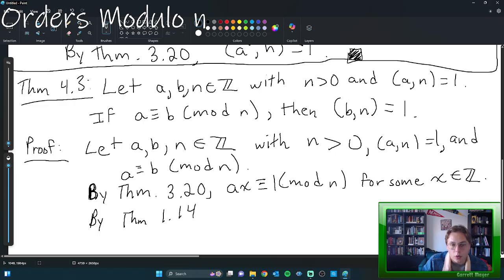And since it's equal to 1, the GCD of a and n would have to divide 1. That means that the GCD is 1, because there's no real other options.